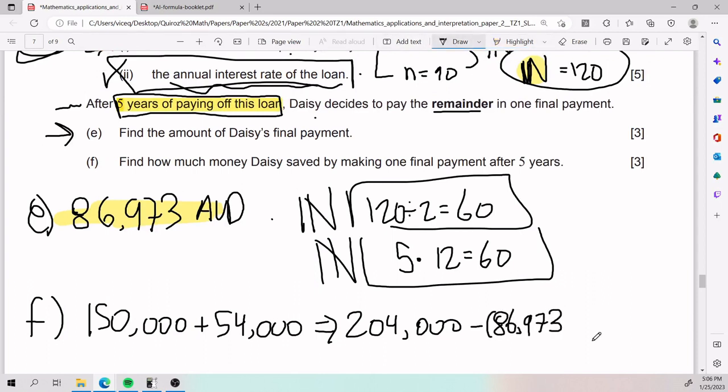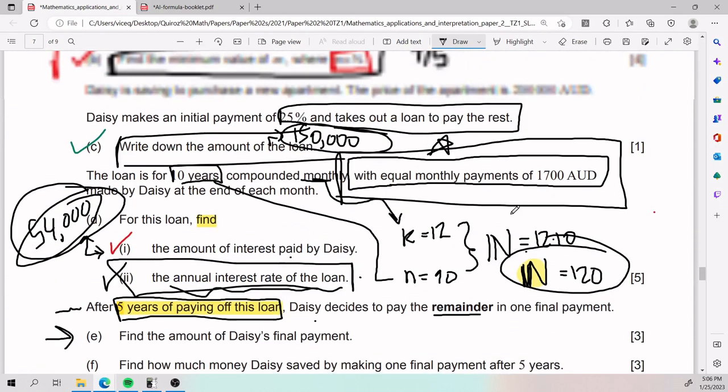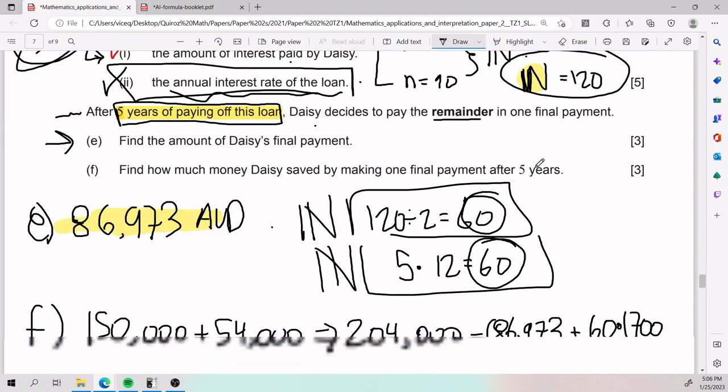86,973. And we also subtract the next 5 years. So the next 5 years, how much would it be? It would be 60. Why 60? Because of the 60 over here. Times 1,700. Why 1,700? Because she pays 1,700 per month.